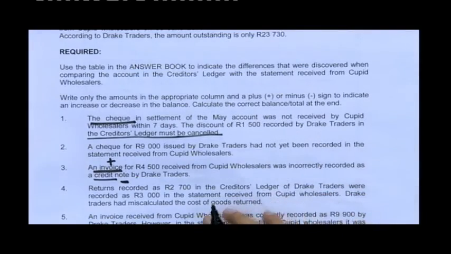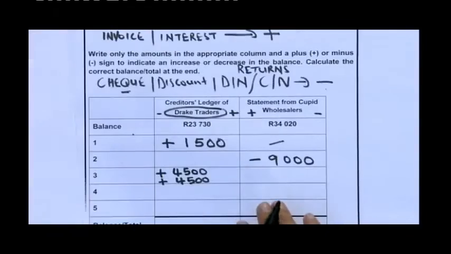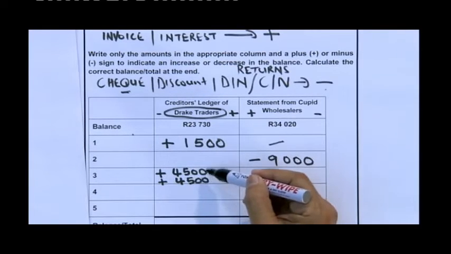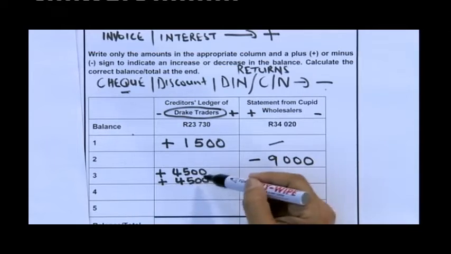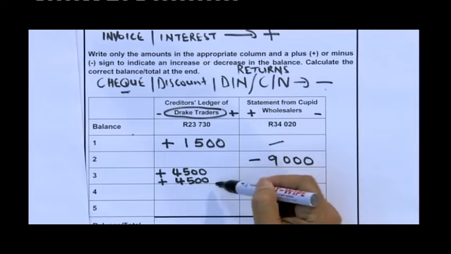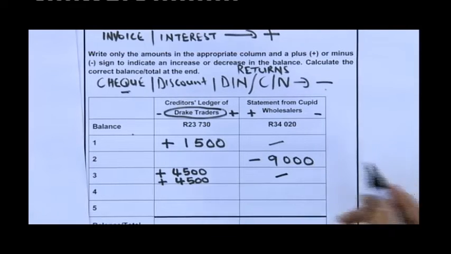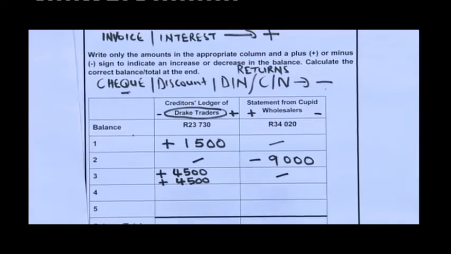So now we have to double add, which means add 9,000, or first add 4,500 to cancel the mistake, and add 4,500 to do the original thing. So there won't be any entry in the statement, and obviously there won't be any entry in the ledger for transaction number 2.